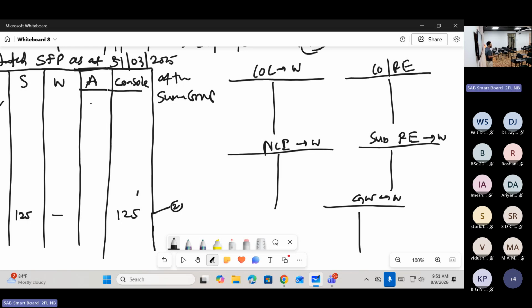You are going to split that to NCI of that entity and consolidated. Whatever the other company, same treatment, NCI and consolidated. So only one consolidated, right?